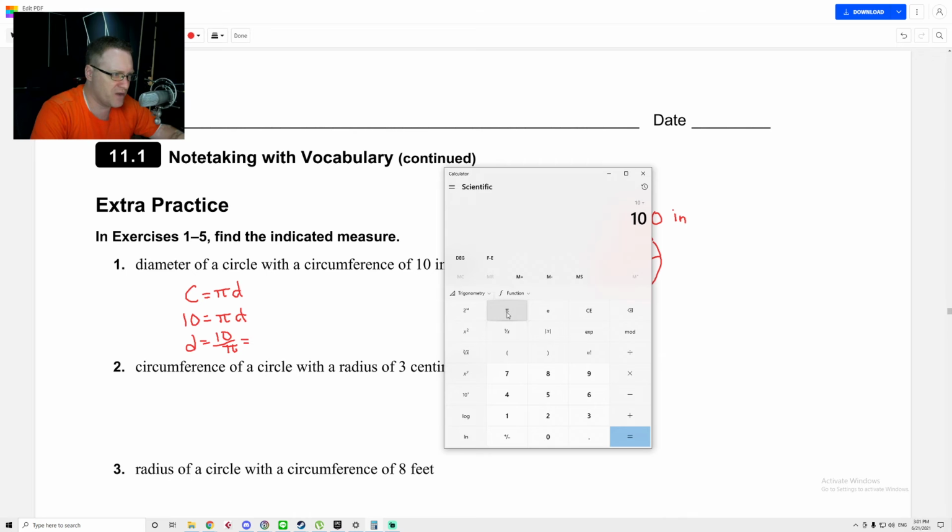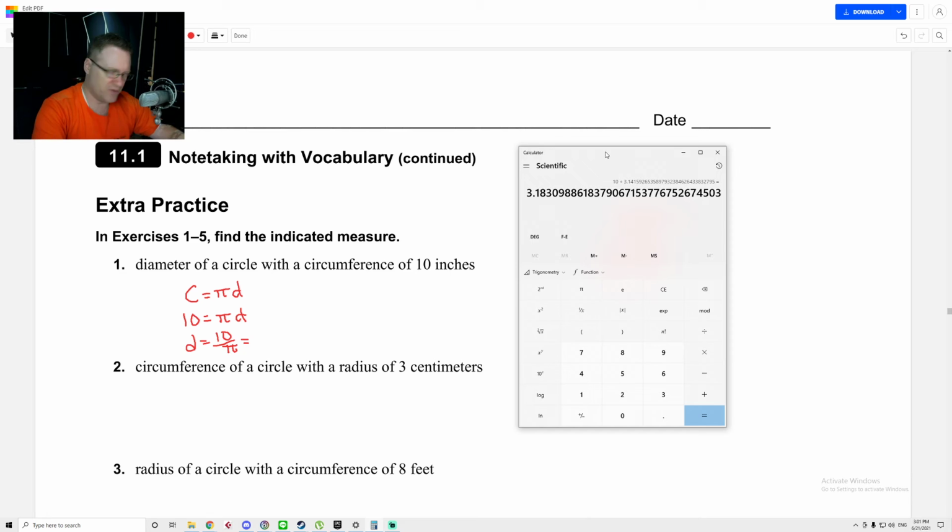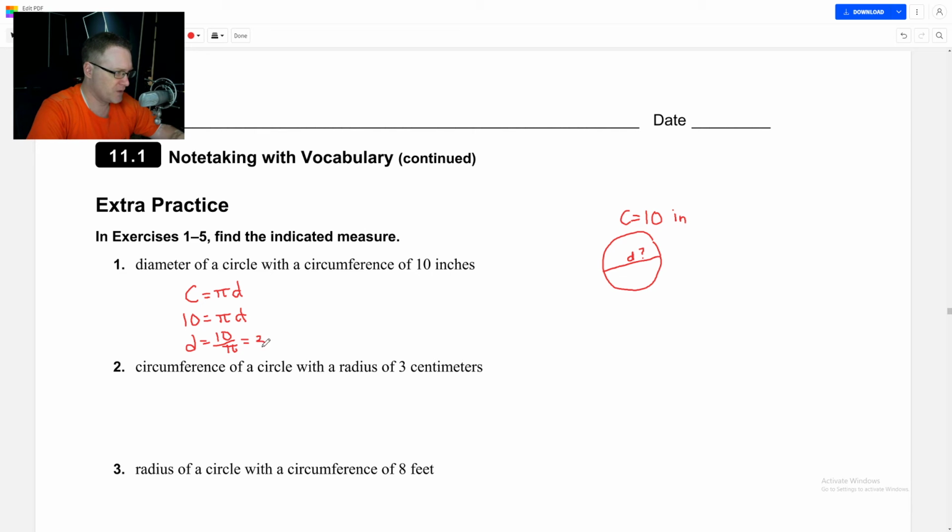This is pi: 3.14159265535, and so on, and it keeps going on forever. We hit equal, and the answer is 3.183, and so on. Now, I'm just going to have you round it to 2 decimal places for now. So we're going to write 3.18.